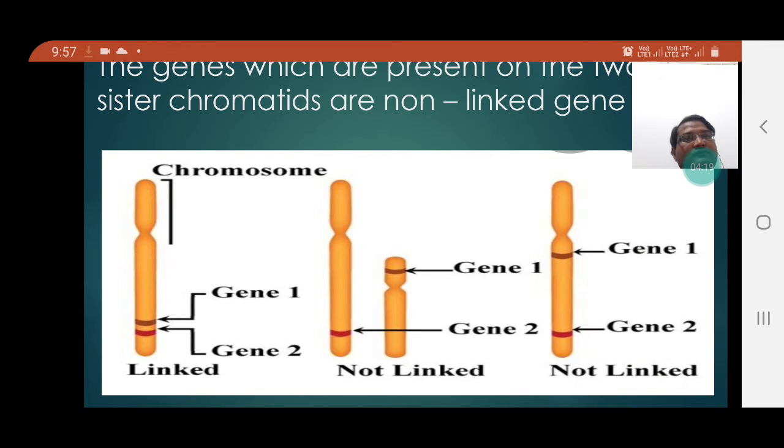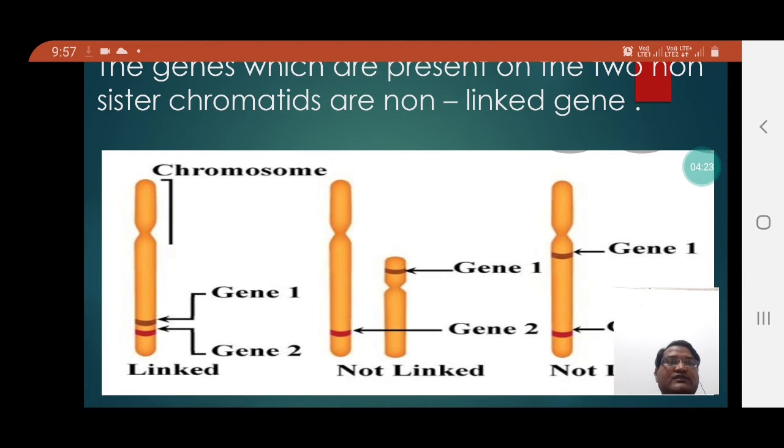So students, this helps us develop the concept that genes which are close to each other will be linked, and if the genes are present on non-sister chromatids, then they will not be linked.